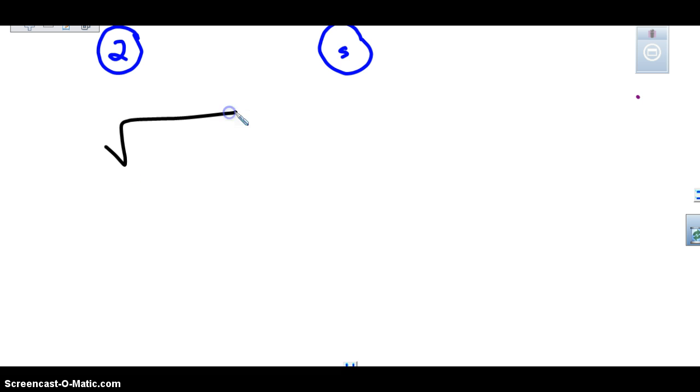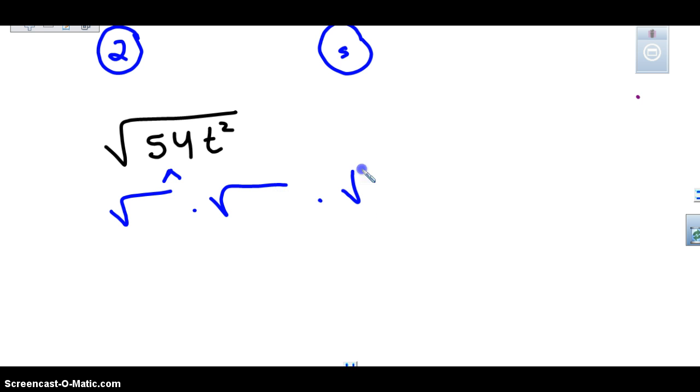the square root of 54t squared. So let's start by thinking about factors that are perfect squares of 54. So is 54 divisible by 4? Is 54 divisible by 9?